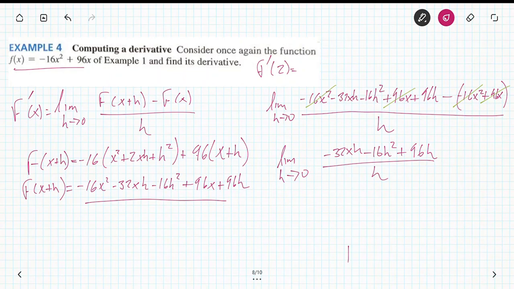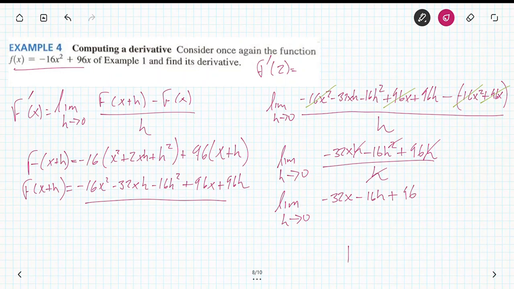When you simplify and eliminate the terms that have to be eliminated, you'll see that the h is going to basically go away in some of these terms. So this is going to be the limit as h approaches 0 of negative 32x minus 16h plus 96.